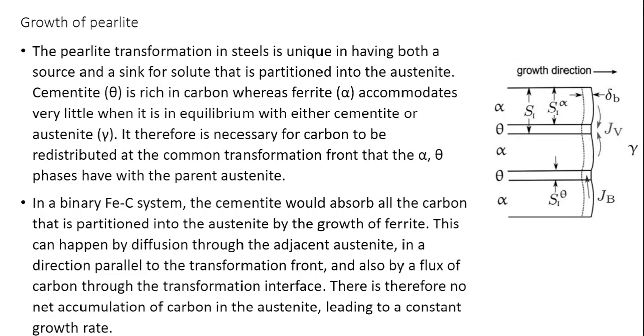Consequently, it is necessary for carbon to be redistributed at the transformation front that the alpha and theta phases have with the parent austenite. So this is the picture.